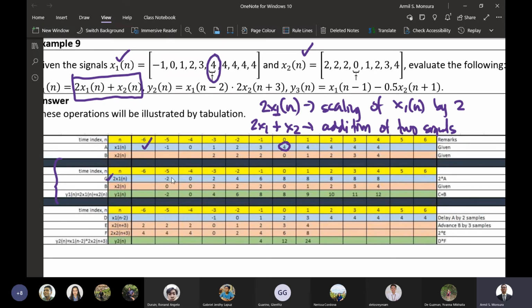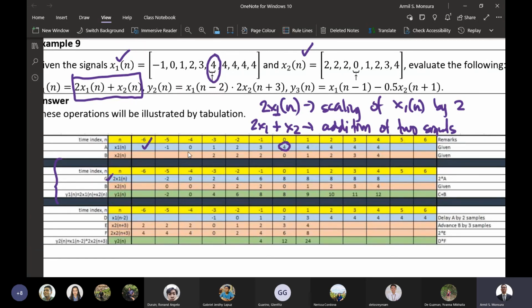So, negative 1 times 2, negative 2. 0 times 2 is 0. 1 times 2 is 2. 2 times 2 is 4, and so on. Maliwanag yung scaling? So, you have to multiply, okay, or you have to scale, okay, your signal values by the scaling factor.